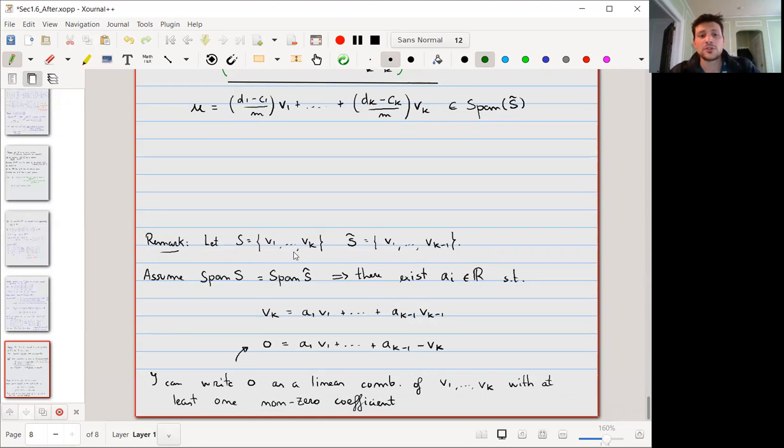If we are in a situation where we have these two sets, v1 through vk and v1 through vk minus 1, so S twiddle is obtained by removing one vector from S, and the span of the two is the same, then by the theorem that we just quoted, I can write the last vector, vk, the vector that is missing from S twiddle, as a linear combination of the first few vectors, a1 v1 plus ... a(k minus 1) v(k minus 1).